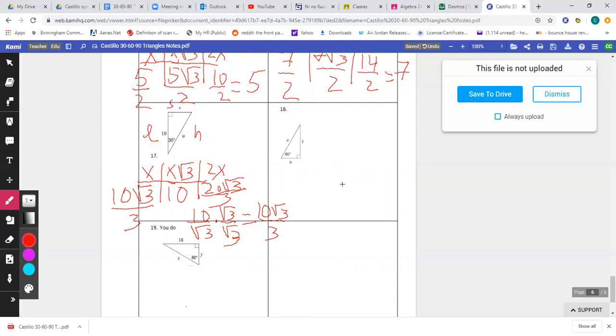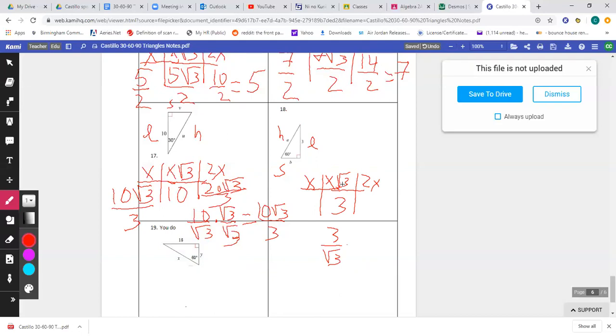Okay. So let me show you how to do it again for number 18. This is short, this is long, this is hypotenuse. So if I do my table, here they give me my long side is 3. To get to the short leg, you just have to divide by radical 3.